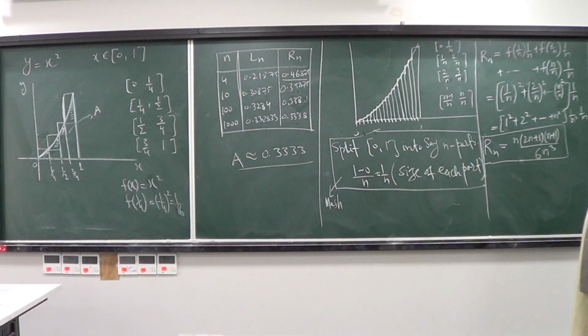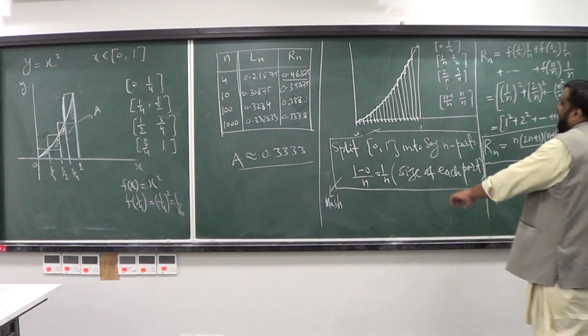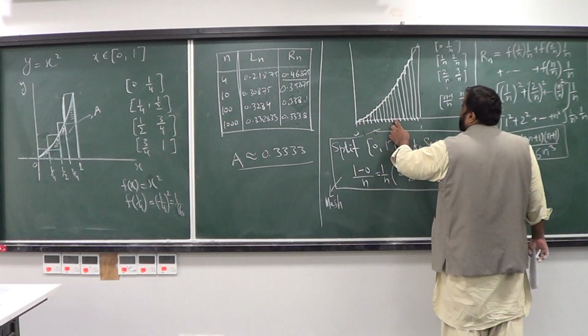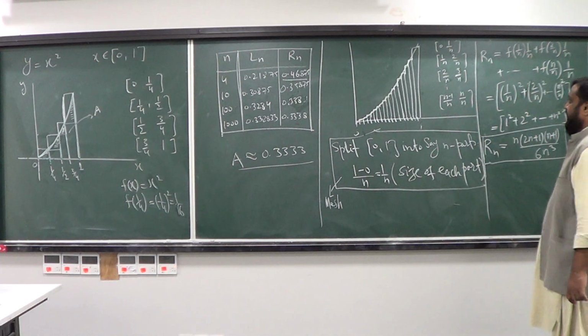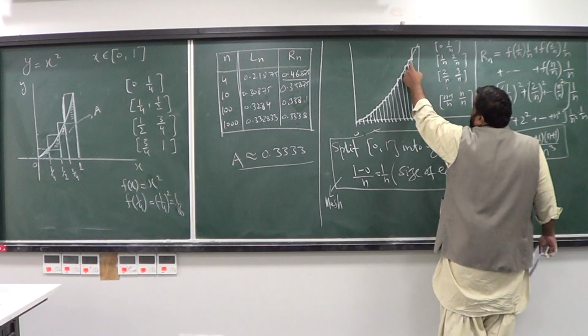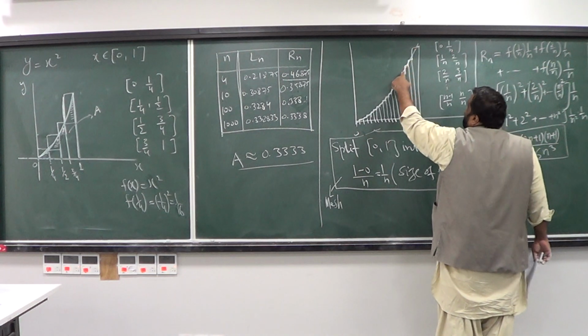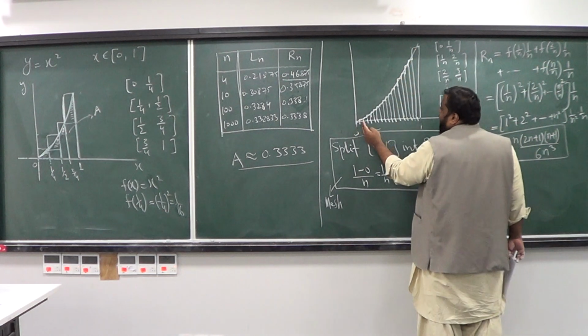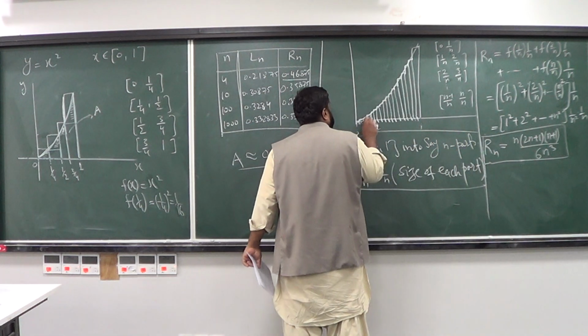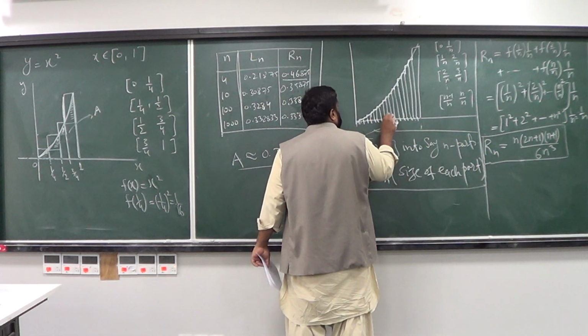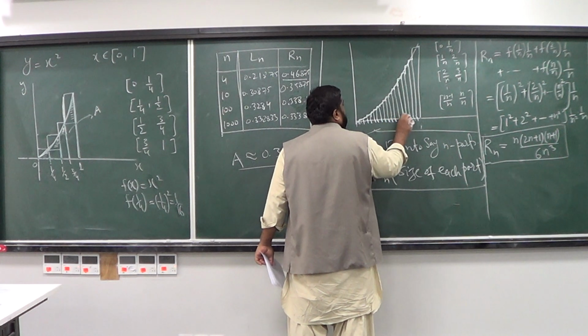Now I can see that if these intervals are finite, there is still some error. What if I increase, what if I split it even more? So you're going to say, in how many parts?